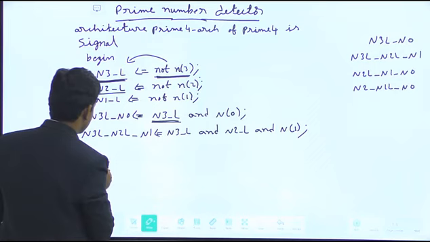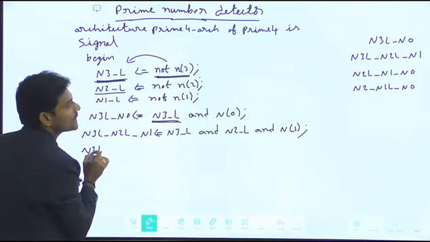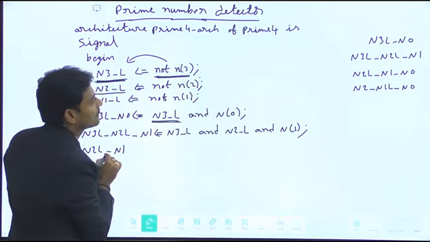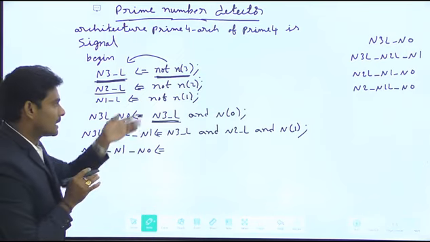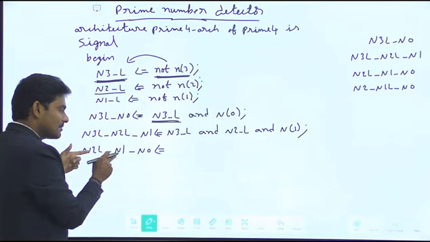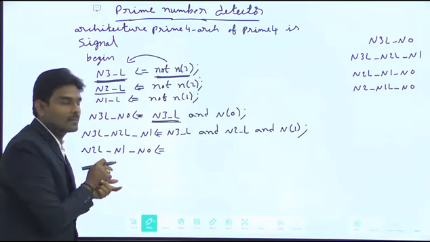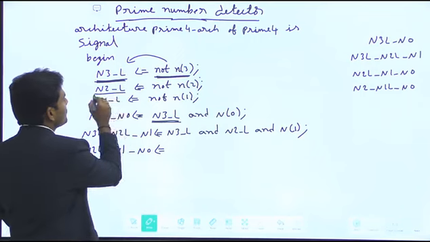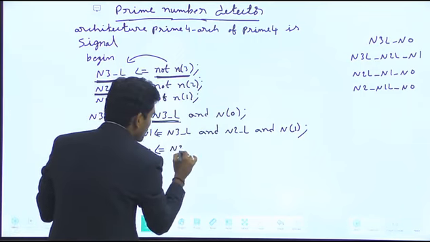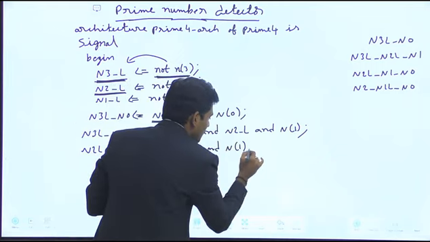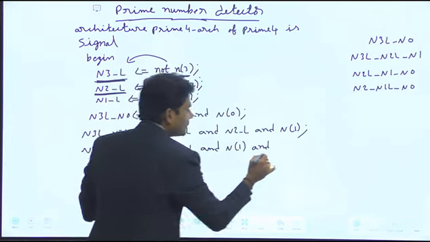And next, another 3 input AND gate is n2L_n1_n0. This is the third AND gate, a 3 input AND gate, whose output signal we mentioned. This is n2 bar and with n1 and with n0. Considering that n2 bar was already assigned to n2_L, it is n2_L with n of 1 and with n of 0.